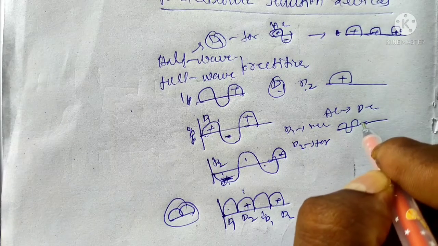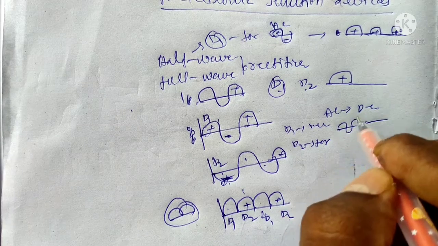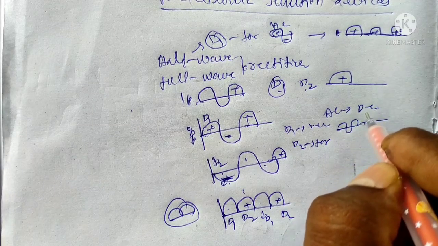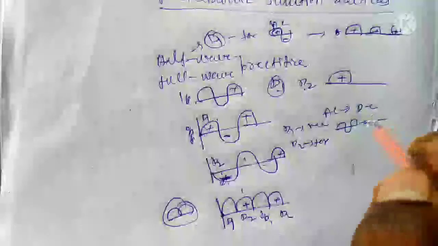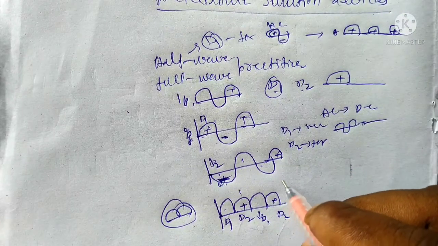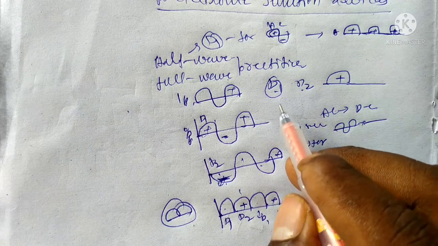The best example is a mobile charger, where AC voltage is converted into DC voltage. This is called a rectifier.